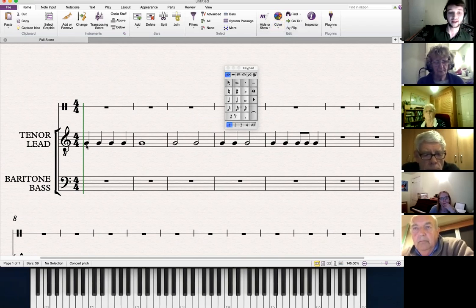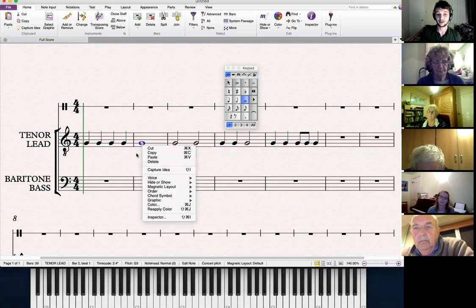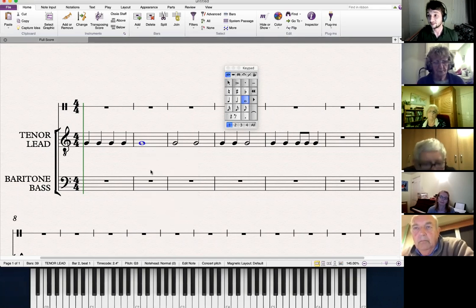So if I were to clap this, I would go 1, 2, 3, 4. Like that. Then I move to the next bar and I go back to the 1 again. Okay? So we have here a note lasting 4 beats.